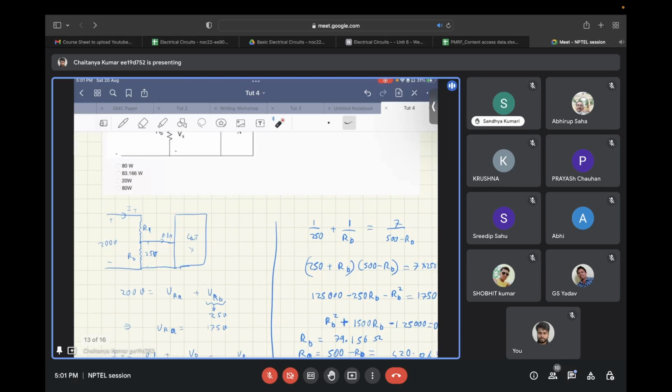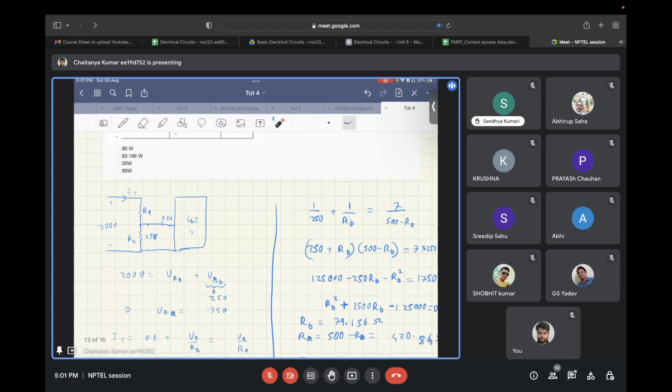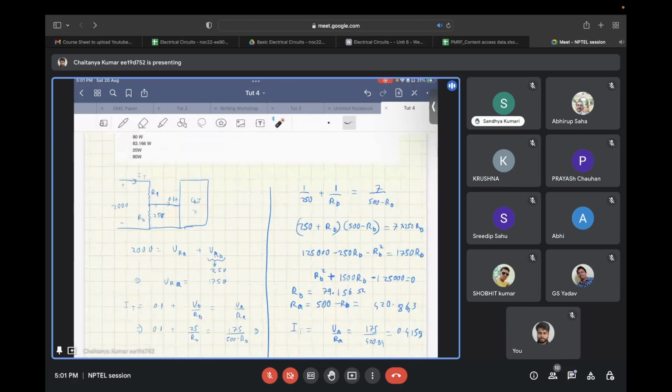VRB is nothing but equal to Vx, which is 25 volts, and hence VRA comes out to be 175 volts.